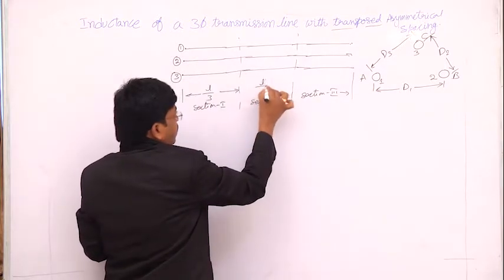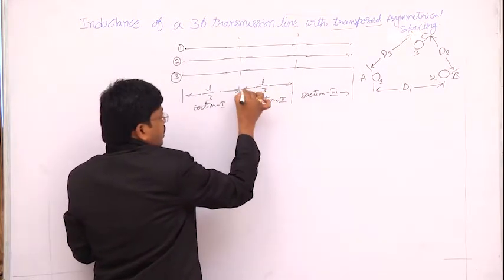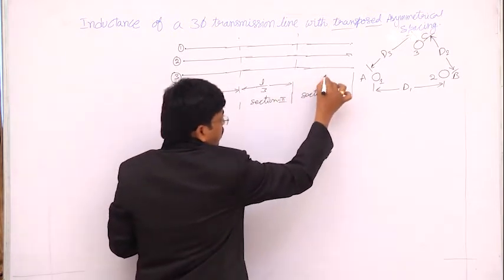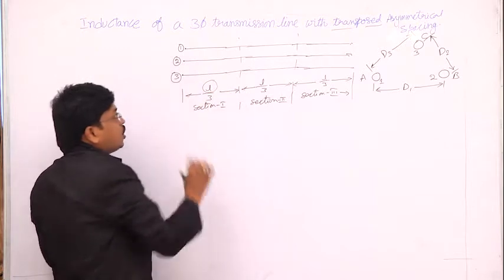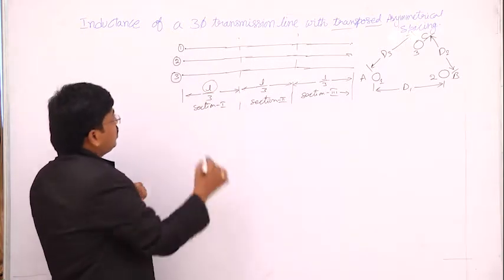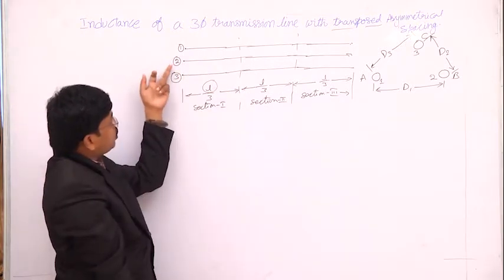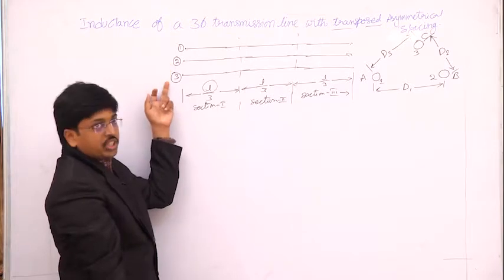Here the length of section 2 is L by 3 and the length of section 3 is also L by 3, where L is the total length of the transmission line. This is the position 1 conductor, position 2 conductor, and position 3 conductor.